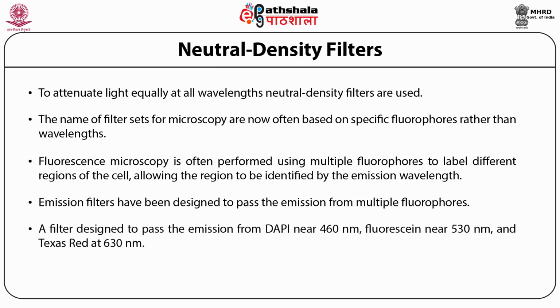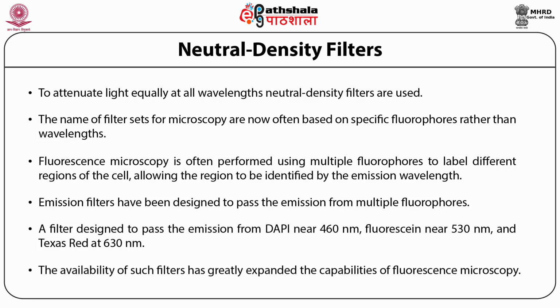For example, a filter designed to pass the emission from DAPI near 460 nanometer and near 530 nanometer, and for Texas Red at 630 nanometer, can be developed. The availability of such filters has greatly expanded the capability of fluorescence microscopy.